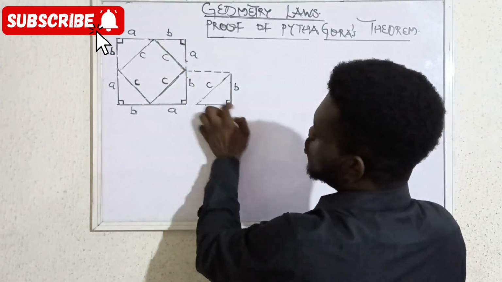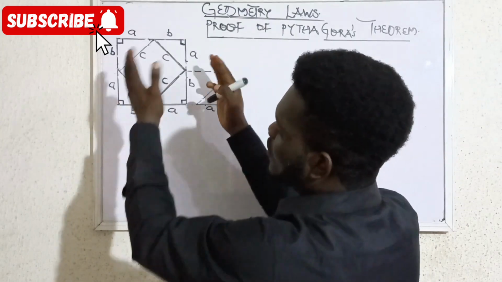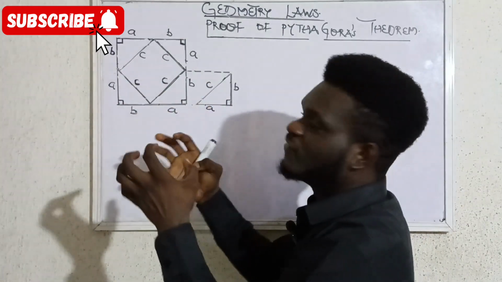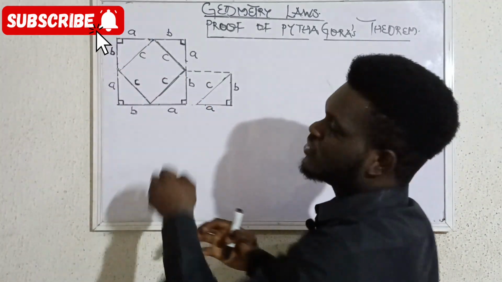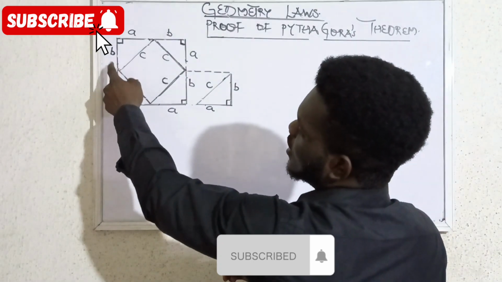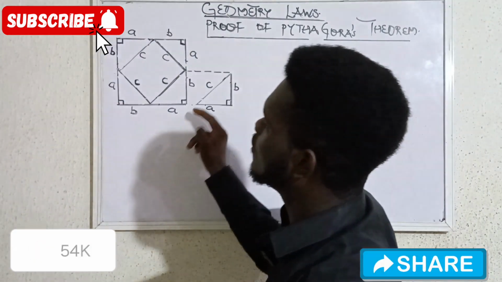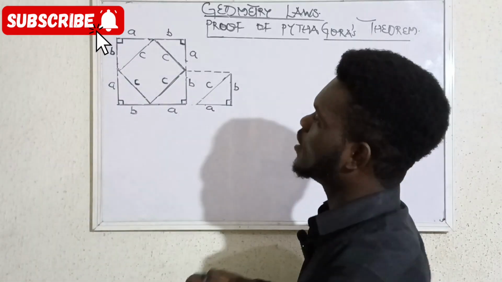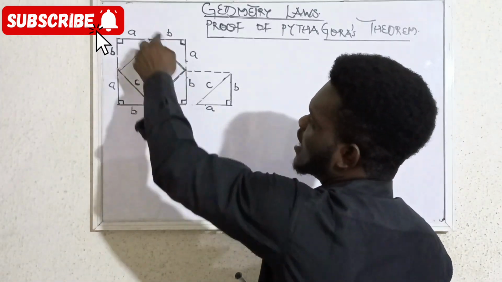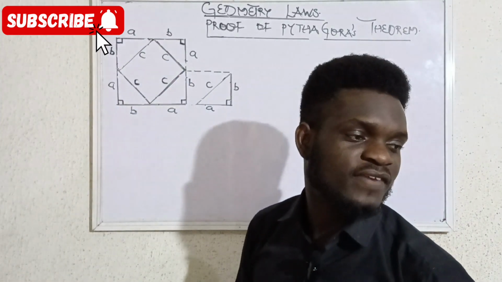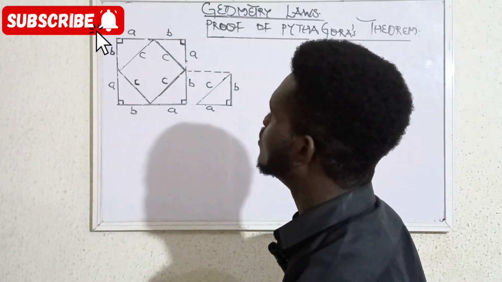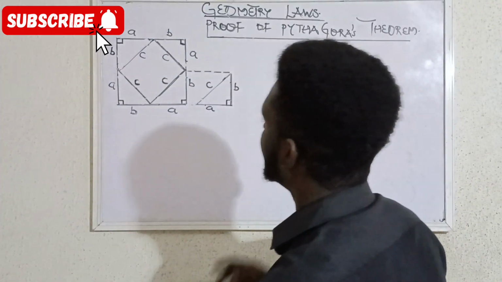You can see this one here was duplicated and arranged in 4 ways to themselves. Now you can see that this completely formed a square, a perfect square, and this one also, which is inside, is also another perfect square. Now what do we do? It is very, very simple to understand. Now let's solve.